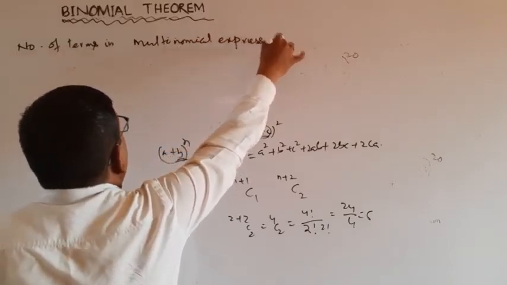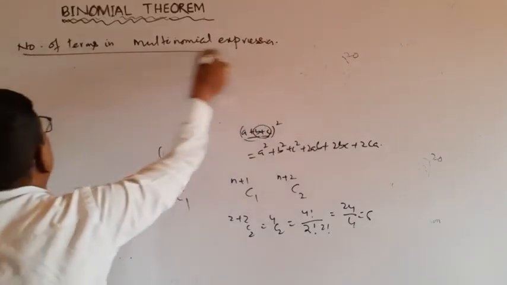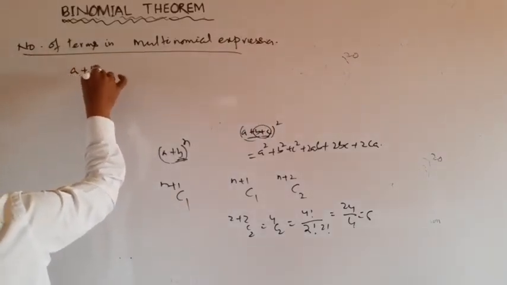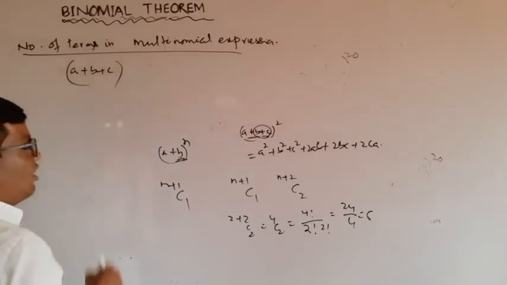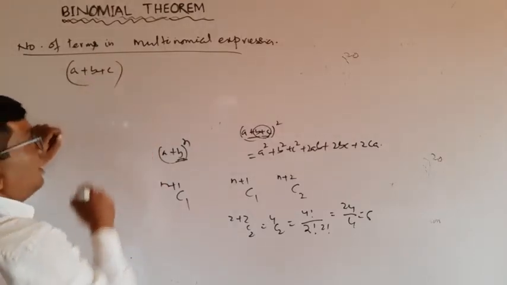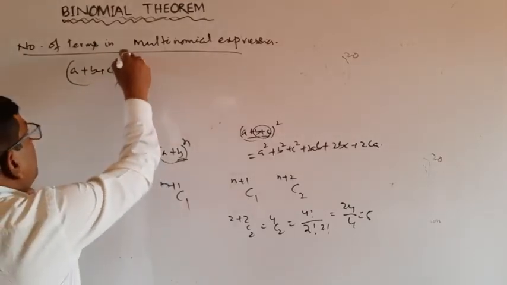Suppose we have a plus b plus c, which cannot be converted into a binomial expression, to the power n.